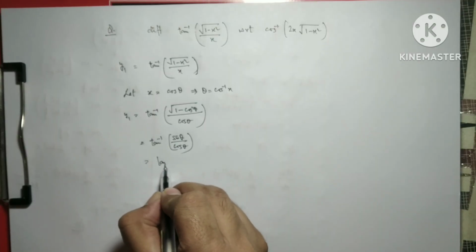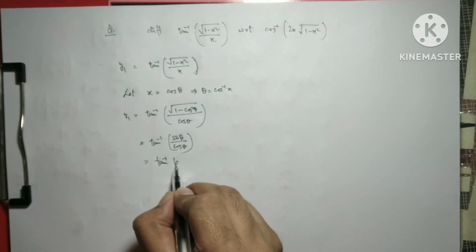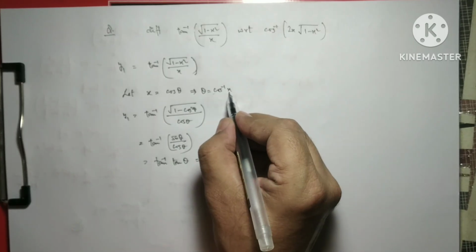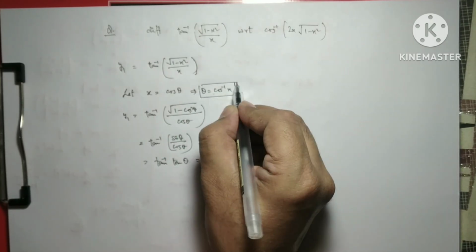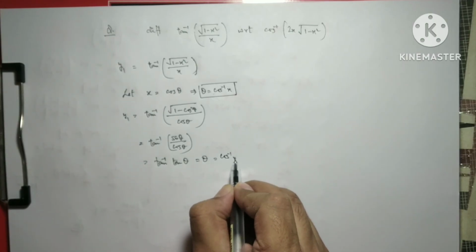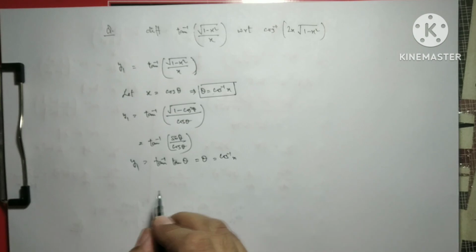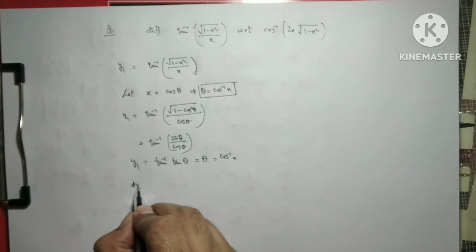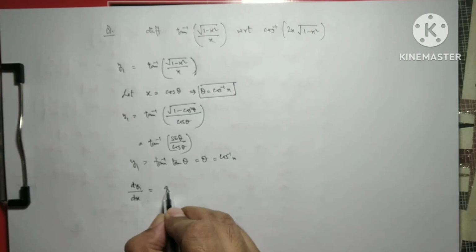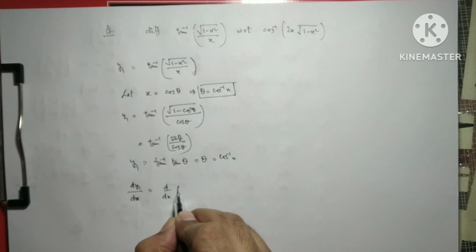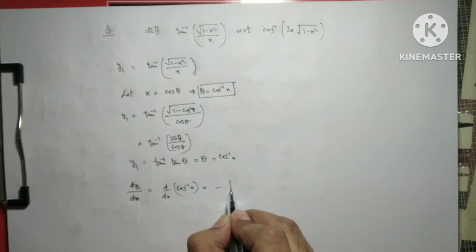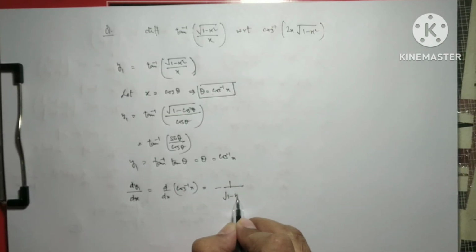So it is tan inverse tan theta. So cancel out, it is theta only, and theta is cos inverse x. So y1 is cos inverse x. So on differentiation of y1 with respect to x is d over dx of cos inverse x. So we get minus 1 over under root 1 minus x square.